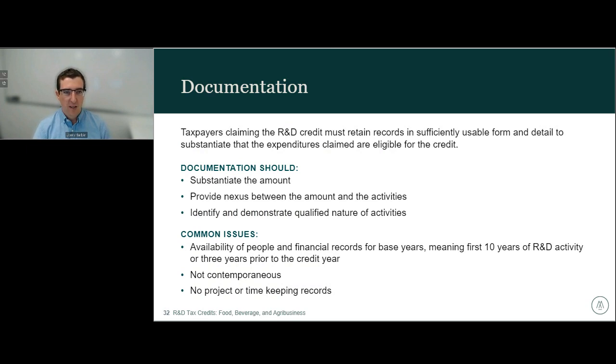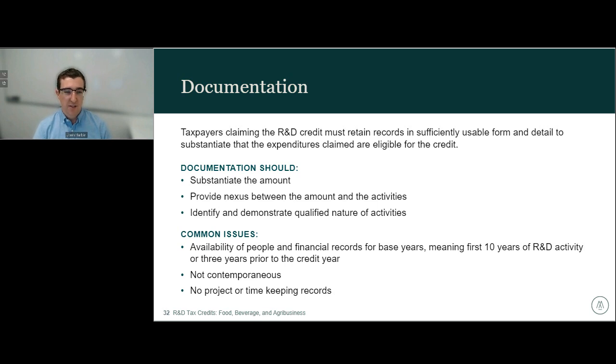So general guidance is, documentation should substantiate the amounts, so the numbers behind the credit, provide a nexus between those amounts and the activities that are being conducted, and then also identify and demonstrate what the qualified nature is of those activities.